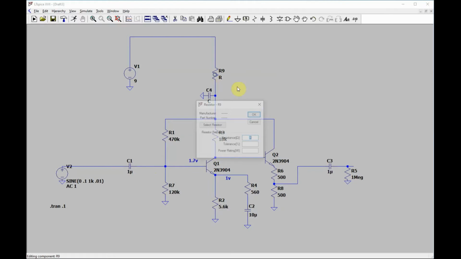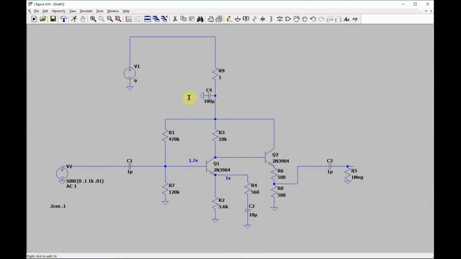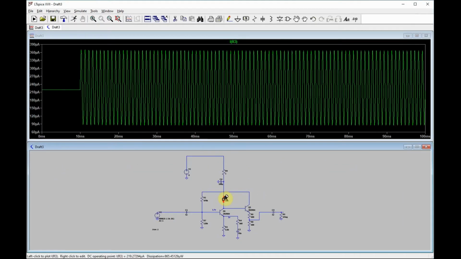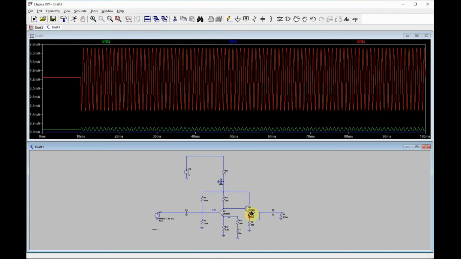I'm just gonna make this 1 now. Obviously that's wrong, but we're just gonna look at the currents going through here, and we've got 270 microamps, almost. So we got 4.2 milliamps there, because this is 1K actually.